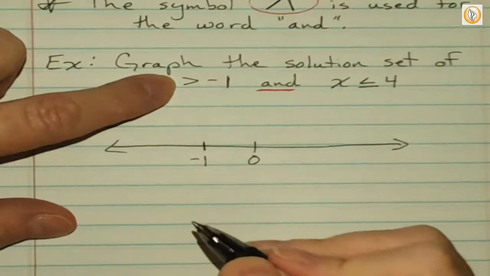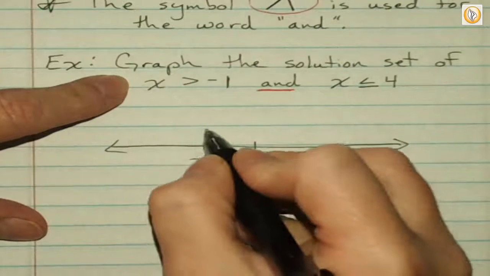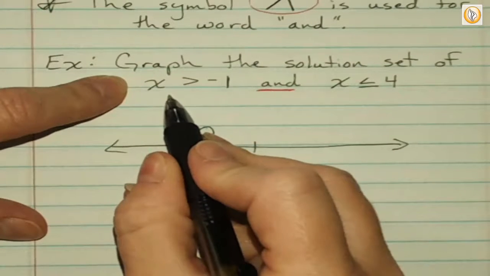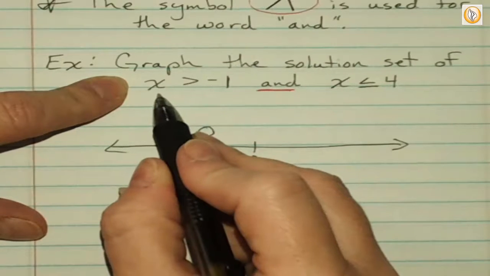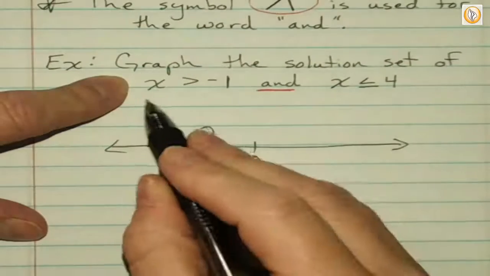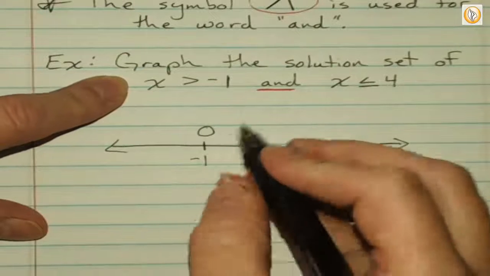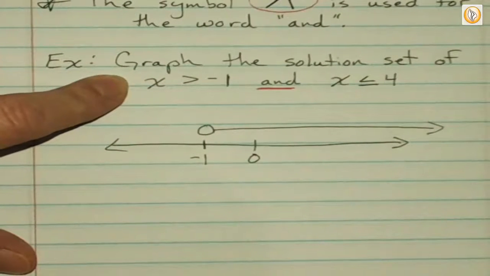Is that going to be an open or closed circle? Open. It says x is any number greater than -1. So you need to make sure you remember which way to do your arrows. This one would be going this direction. Everyone agree to that?